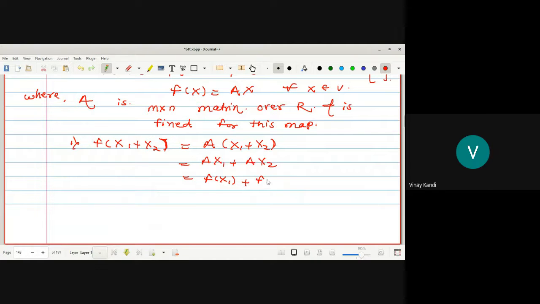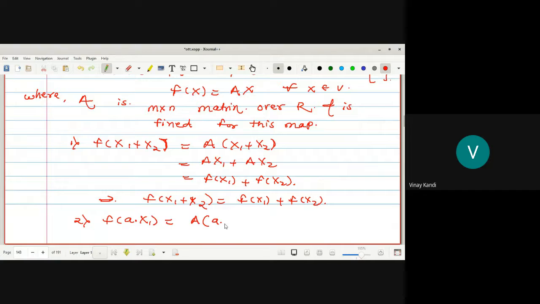So f of x1 plus x2 is equal to f of x1 plus f of x2. And the second one, f of small a into x1. By the definition of f, we have A into small a into x1.